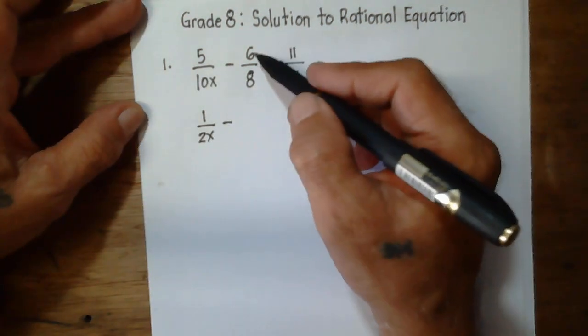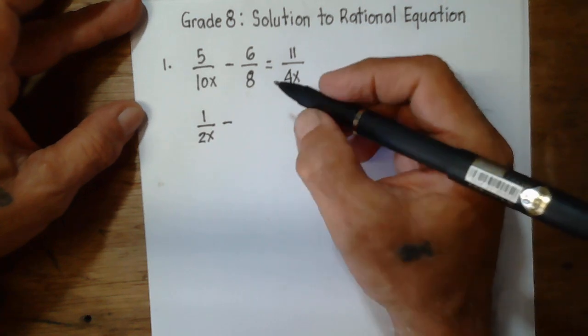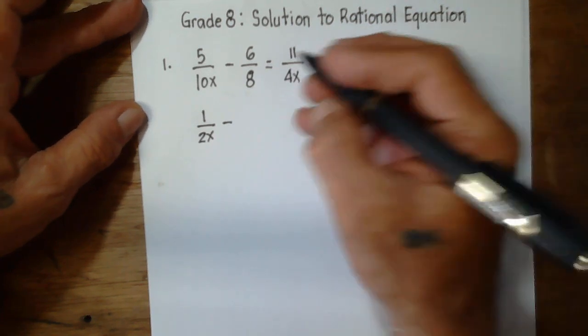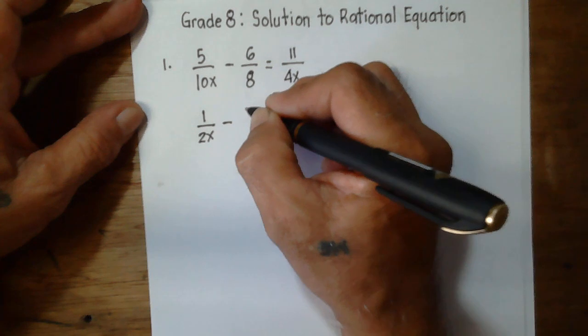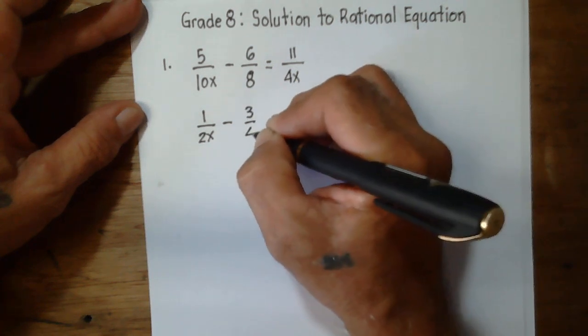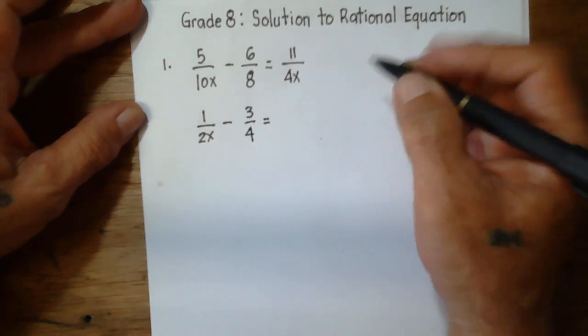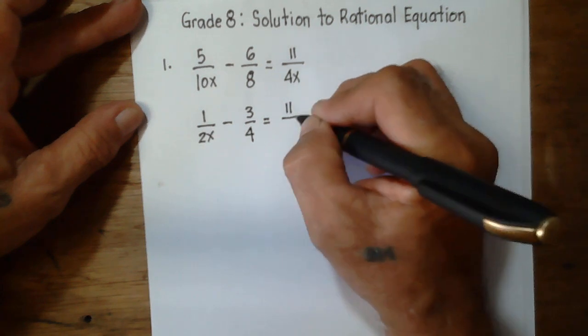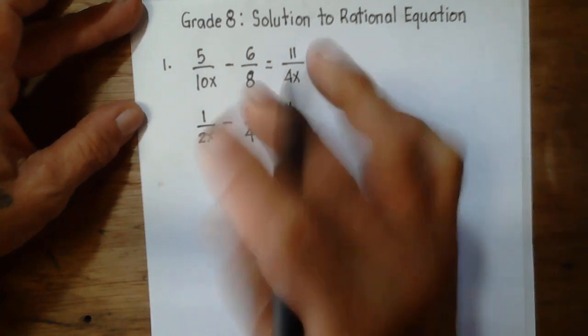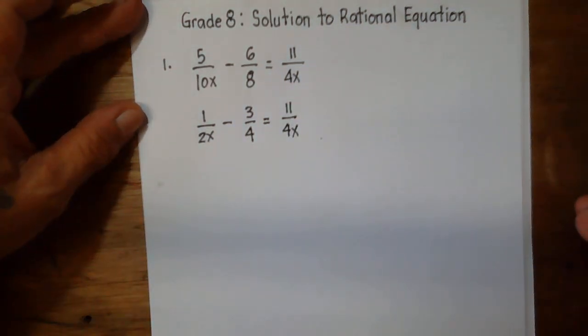Then we have 6 over 8, and this can be simplified into 3 over 4. Then we have 11 over 4x on the right side of the equation, which can no longer be simplified.